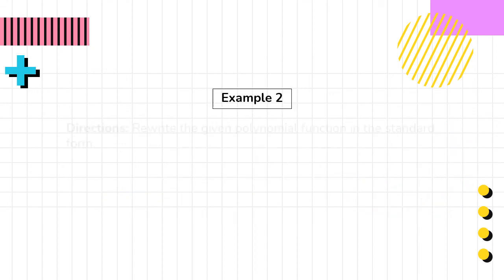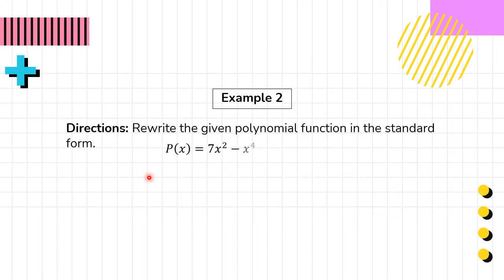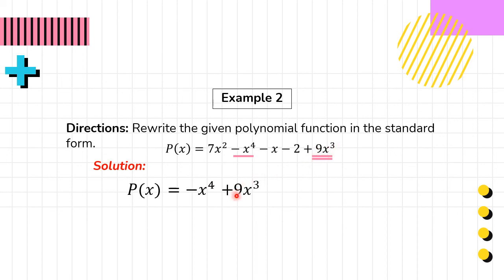Okay? So, let's try example number 2. Rewrite the given polynomial function in the standard form. P of x equals 7x squared minus x raised to 4 minus x minus 2 plus 9x cubed. Again, for the solution, unahin yung p of x, then the equal sign, then followed by the highest degree. Ang may highest degree natin is negative x raised to 4. So, dapat siya yung nasa unahan. Alin ang kasunod? We have 9x cubed, followed by 7x squared, followed by negative x, then the constant term, negative 2.